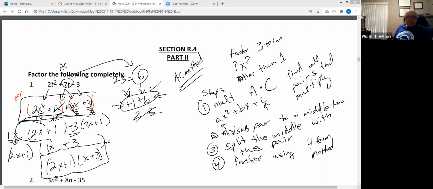It's time consuming. You have to do your 3 steps, and then step 4 is use the 4-term method. So you break out those steps and you have another 3 or 4 steps to do.